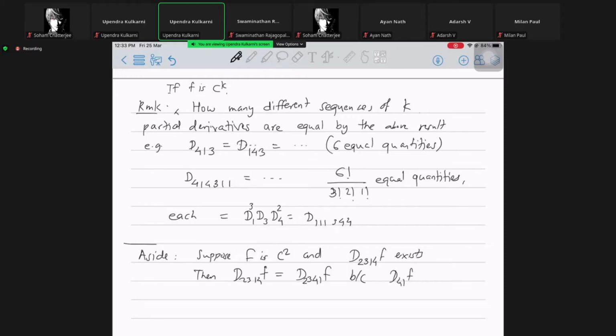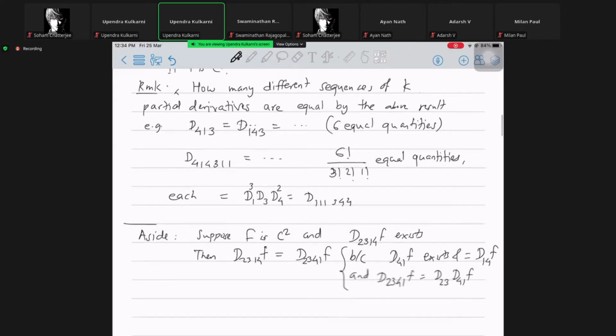Because D41 of F exists and is equal to D14 by the above result. And D23 of D14 is just D23 of D41, that's all, which exists because D41 of F is, etc. Okay. So all right.